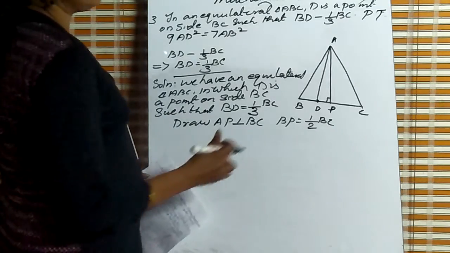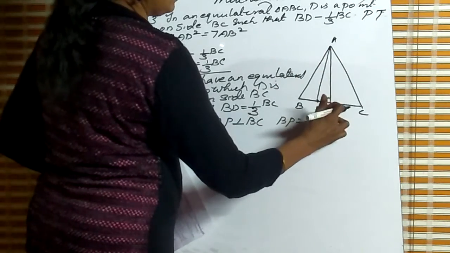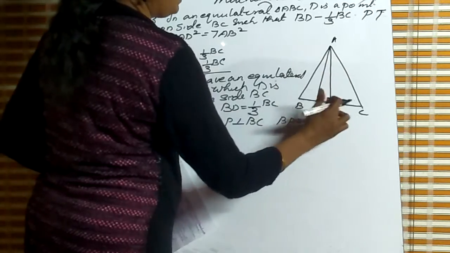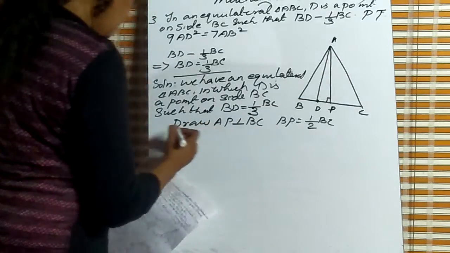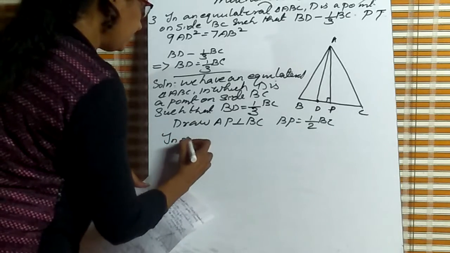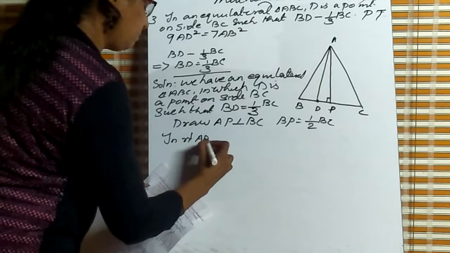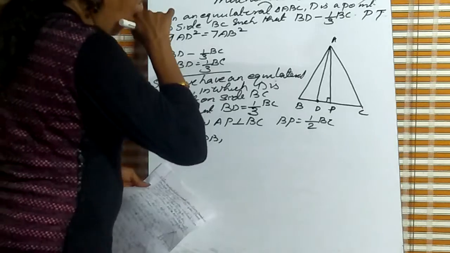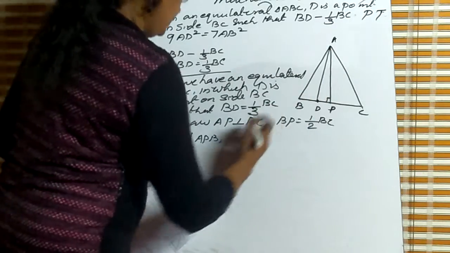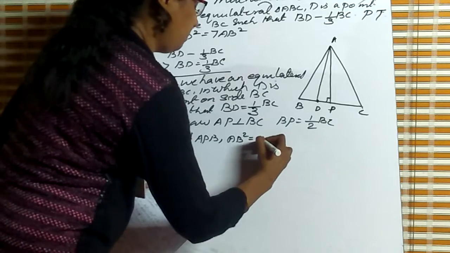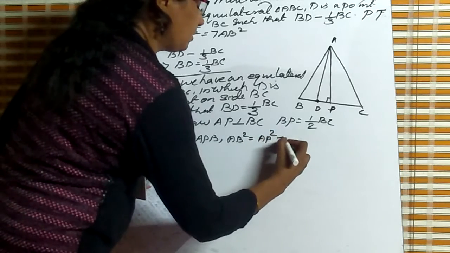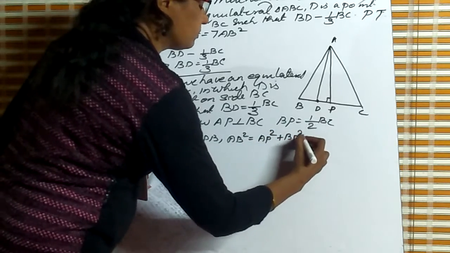Now we consider the two right triangles APB and APD. First, in right triangle APB, what is the hypotenuse here? AB. AB square is equal to AP square plus BP square.